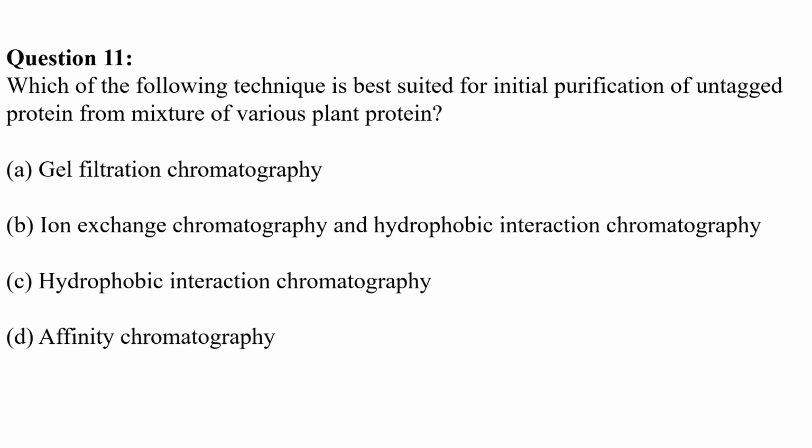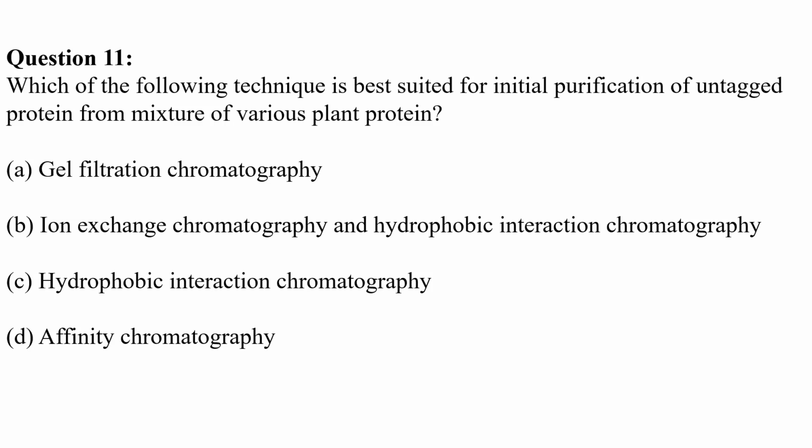Question number 11. Which of the following techniques is best suited for the initial purification of an untagged protein from a mixture of various plant proteins? Option A, gel filtration chromatography.